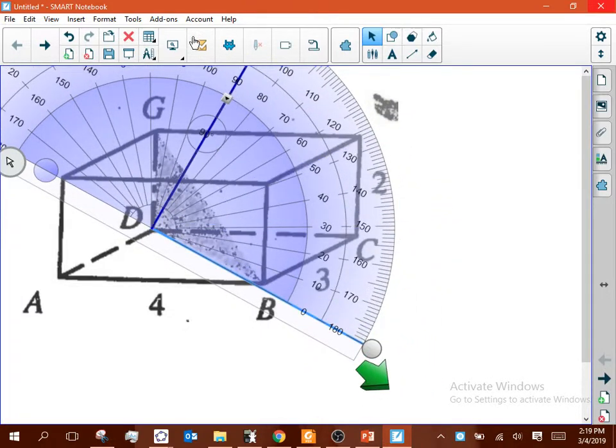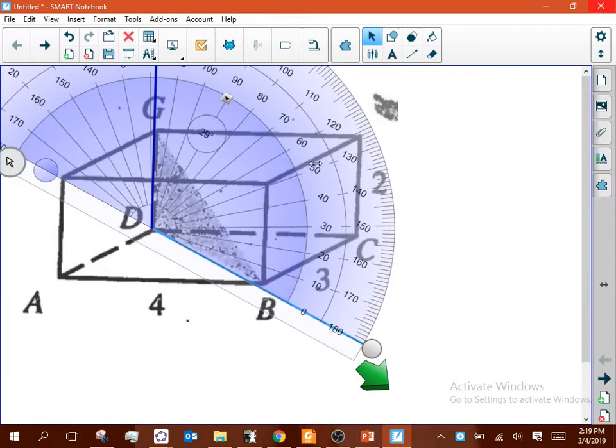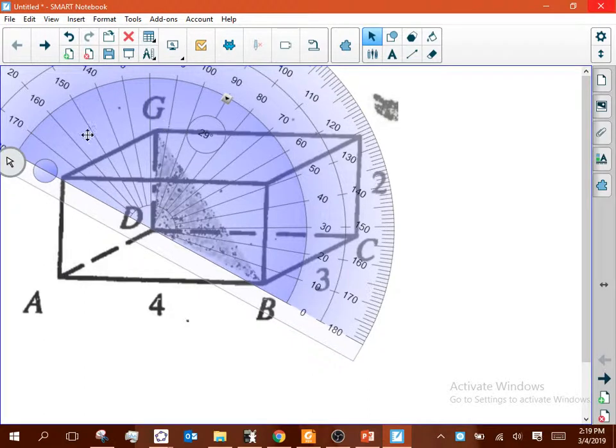All right, guys, so this is kind of what's going on here. If I were to look at this angle here, at angle D, do you see that right now it is showing me, how do I get to the... So this is going through, let me zoom back out.